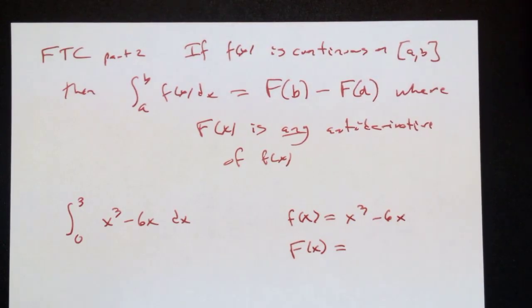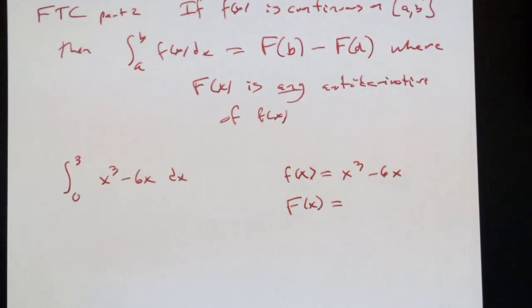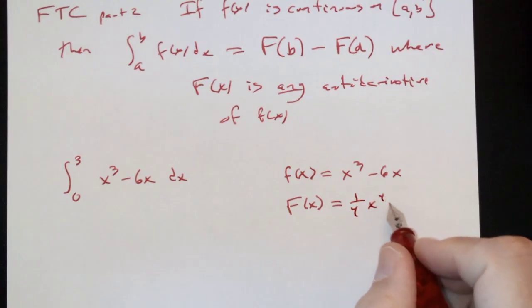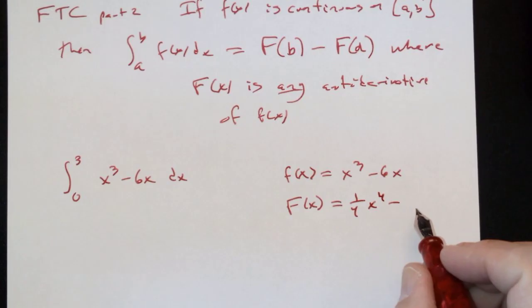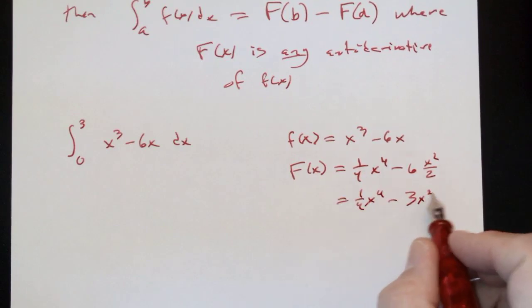What is an antiderivative for x cubed minus 6x? So that's 1/4 x to the 4th minus 3x squared.